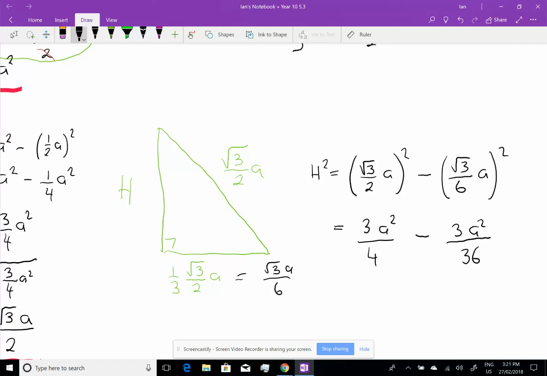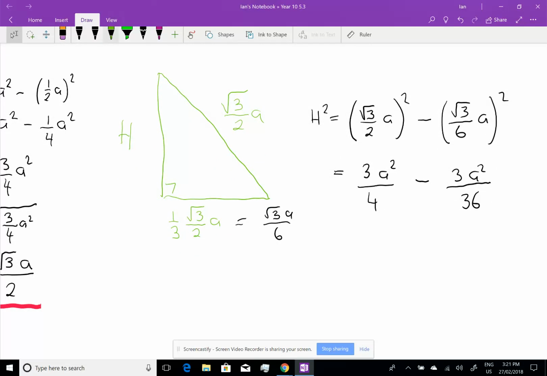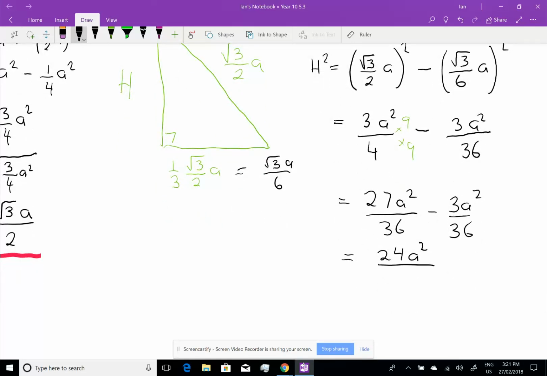Right, so I need a common denominator. I'm going to times this one by 9, which gives me 27a squared on 36 minus 3a squared on 36, which gives me 24a squared on 36.